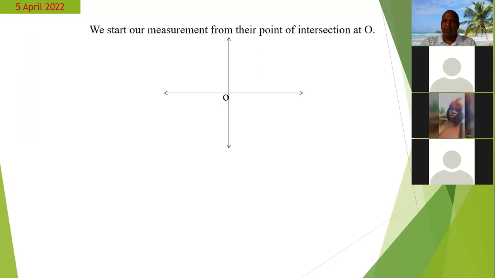So if you cross the two number lines at 0, then it means that that would be the origin from where we will start our counting. So if we're going to the right, we will count from the intersection. We're going to the left, we start counting from the intersection. We're going above, we count from the intersection, and we're going below, start our counting from the intersection. Is that clear to everybody?